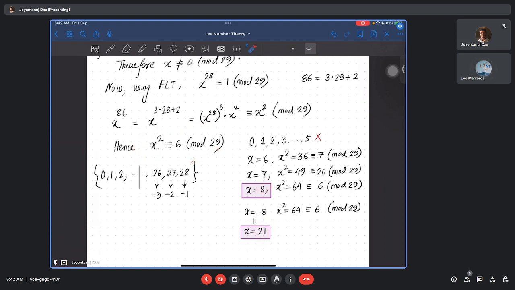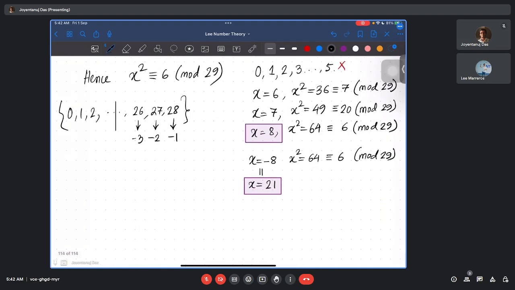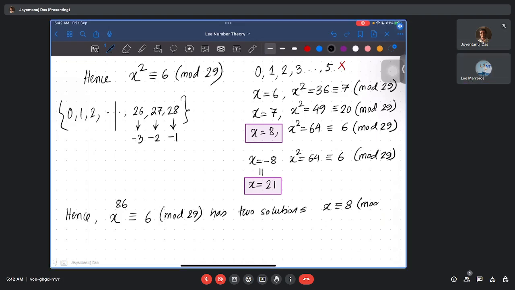So I think that is what they wanted to find out. Solve for x. So this congruence, x power 86 is congruent to 6 mod 29, has two solutions. x is congruent to 8 mod 29 will work, and x is congruent to 21 mod 29.